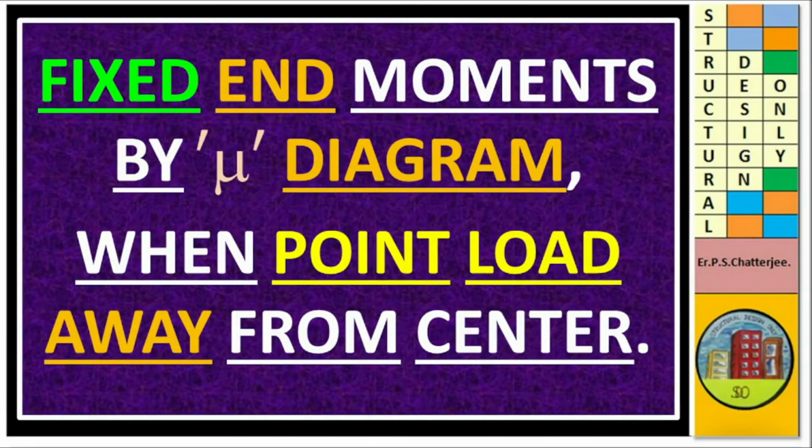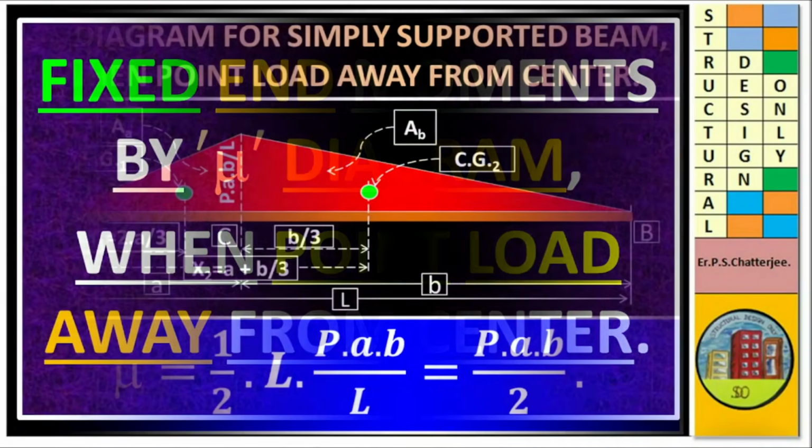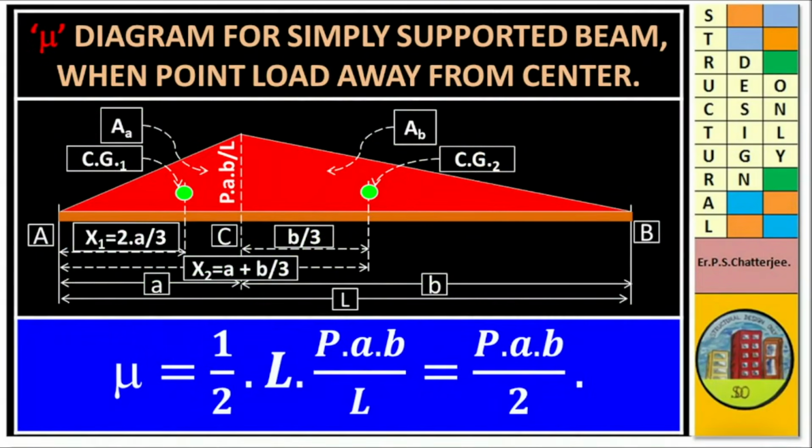Fixed end moment by mu diagram when point load away from the center. Mu diagram for simply supported beam when point load away from the center is like that. And we know mu diagram is nothing but the area under the bending moment curve.